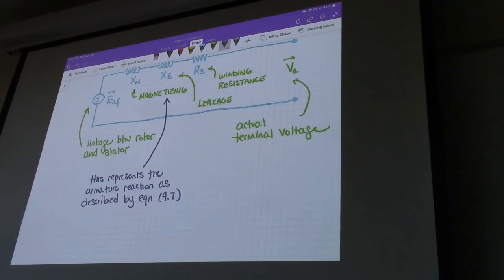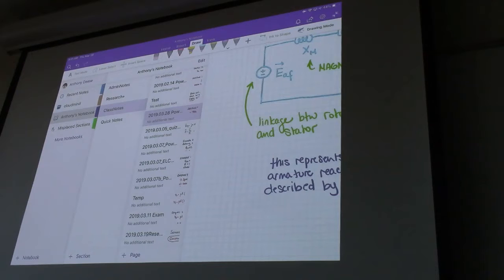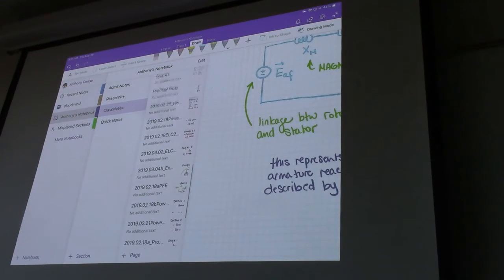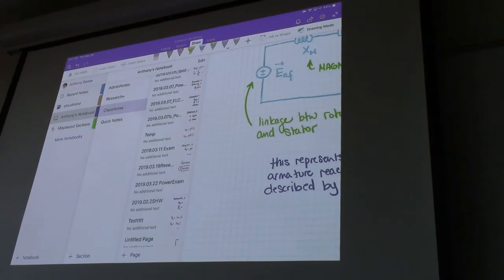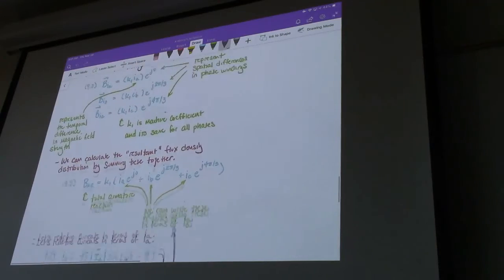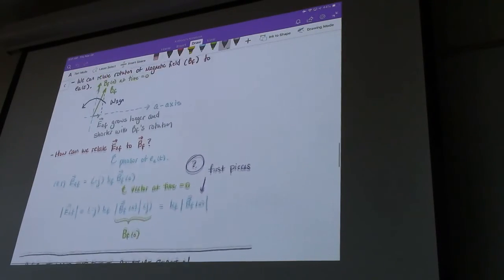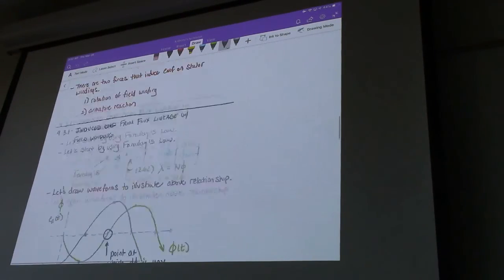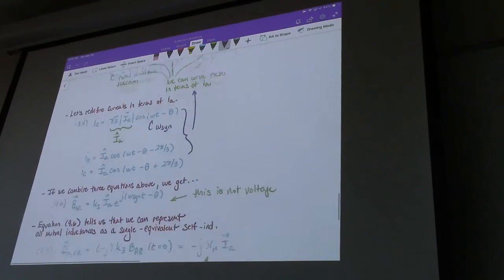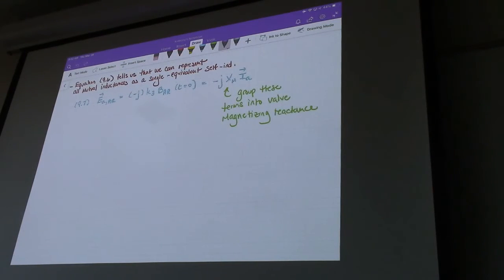Okay, now let's go back into the notes for one second and see where the other pieces came from. It's been a while since we did this. Section 9.3.2 talked about the induced EMF due to the armature reaction, which we're just going to be representing as that magnetizing inductance. So it's a voltage drop along the series element.